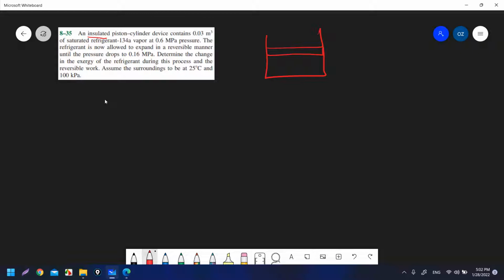So it is saturated vapor, and the material is refrigerant R134A. The volume is 0.03 meter cubed, at pressure 0.6 megapascal.